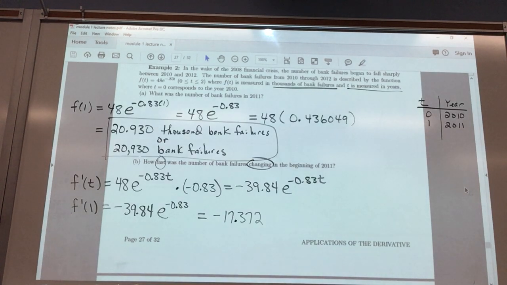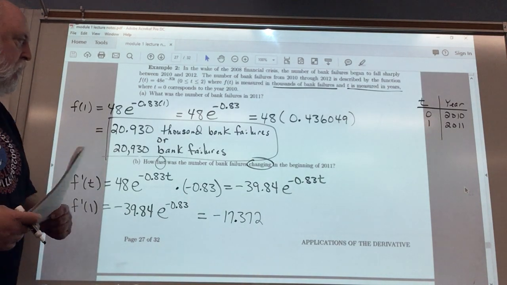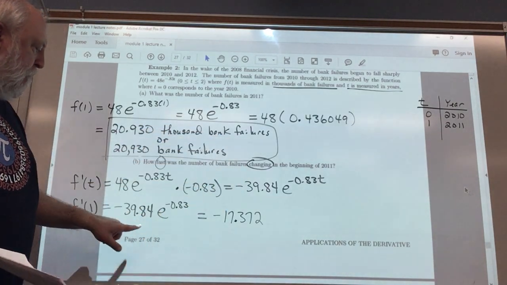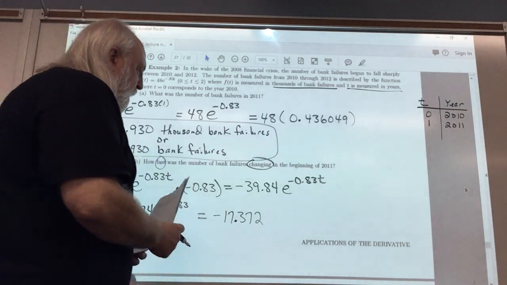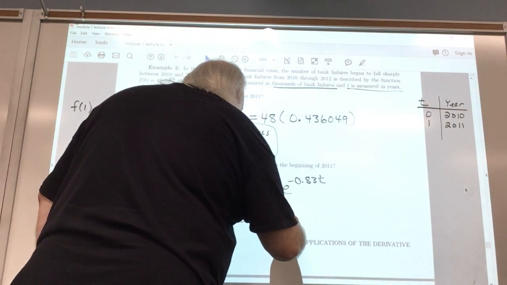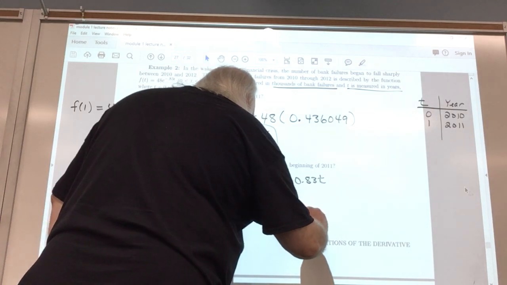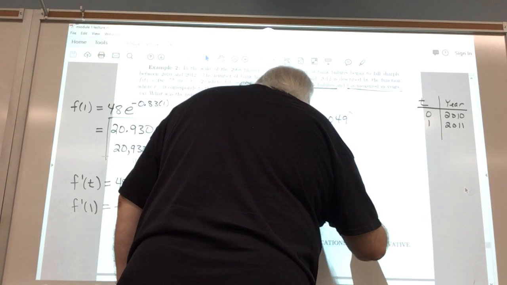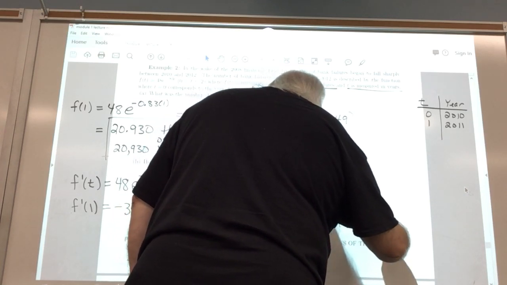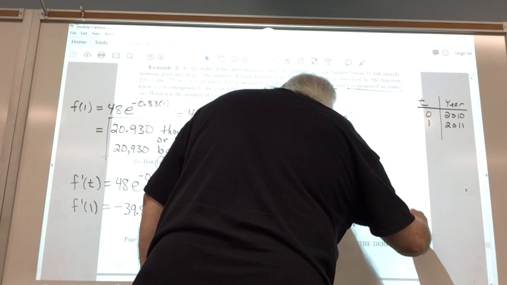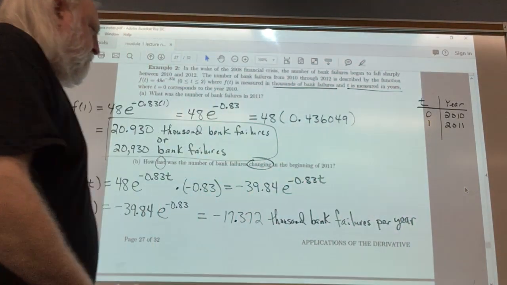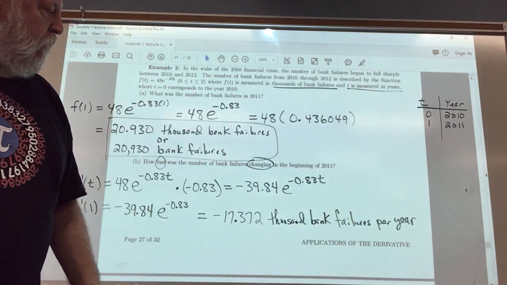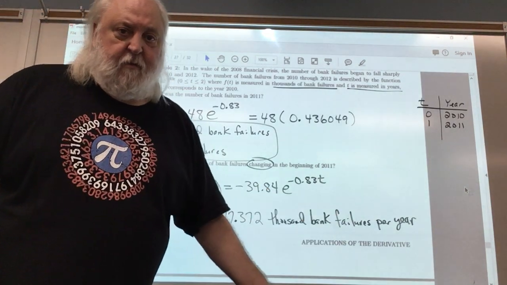Well, minus 17.372 what? 1,000 bank failures per year. Remember, it's like a velocity. Velocities, like miles per hour, are something per something, okay?